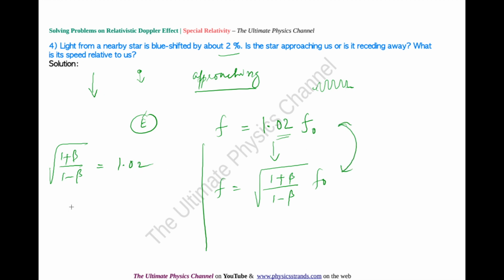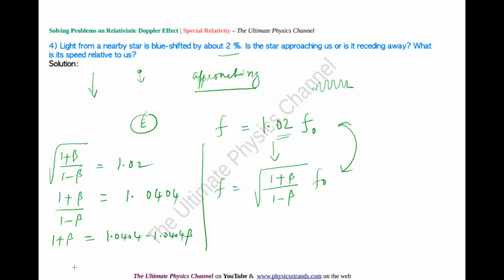Therefore, if I square on both sides, the right hand side I get 1.0404, whereas on the left side I have 1 plus beta over 1 minus beta, because I have squared on both sides. So if I retain 1 plus beta on this side, I have 1.0404 minus 1.0404 beta on the right side.